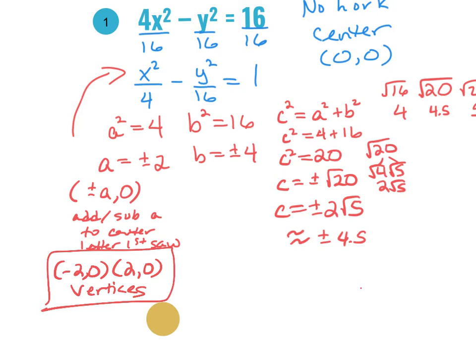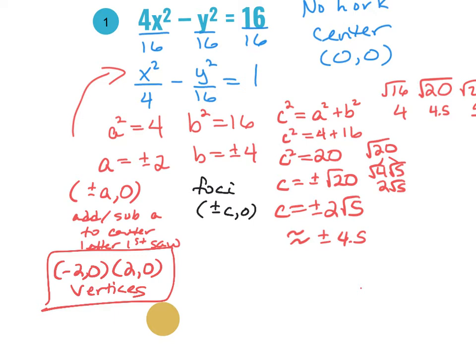The next thing the question asked for was the focus points, or the foci. For this one, I'm going to use the C value. For the foci, remember when the center is at the origin and it transverses the x-axis, the foci are at plus or minus C, 0.